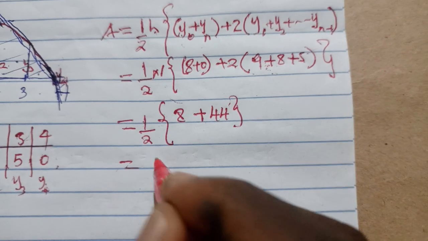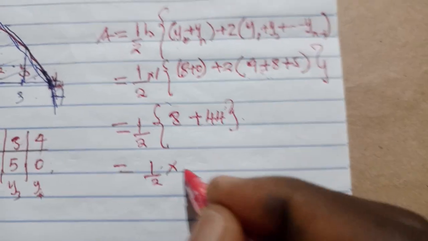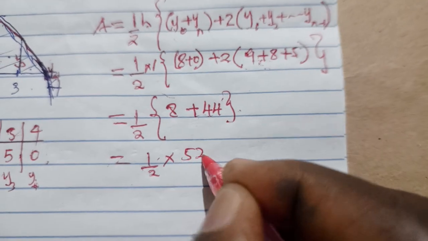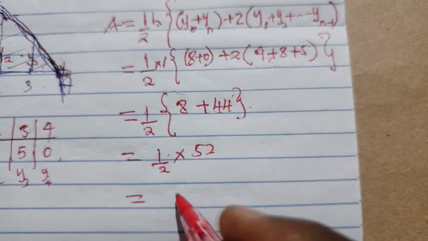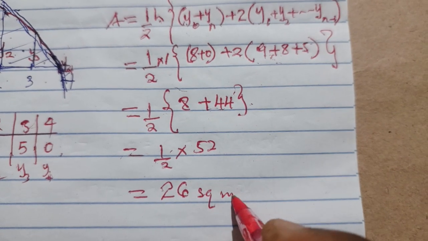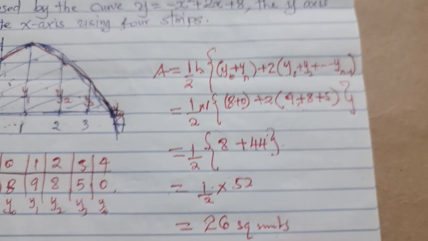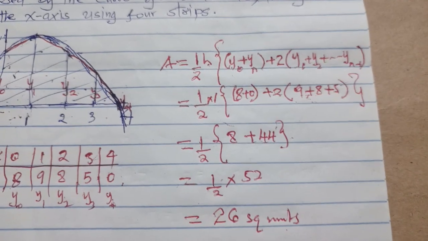And you can see this is now a half multiplied, now 8 plus 44 is 52, and that gives you 26 square units. So this is the area that is required according to our question by the trapezium rule.